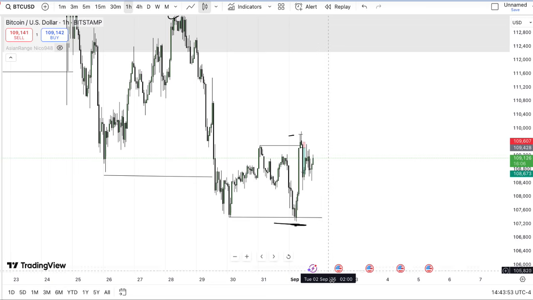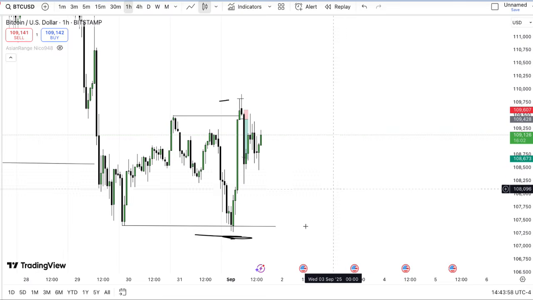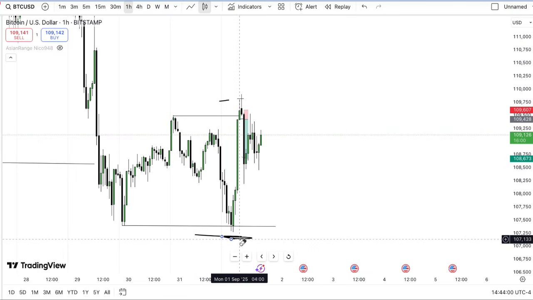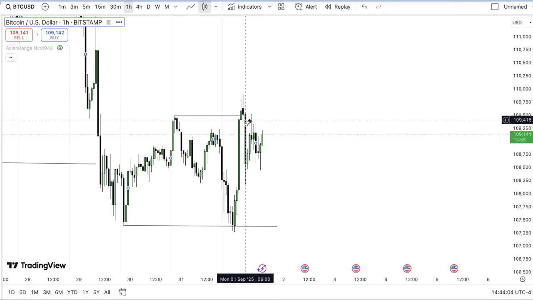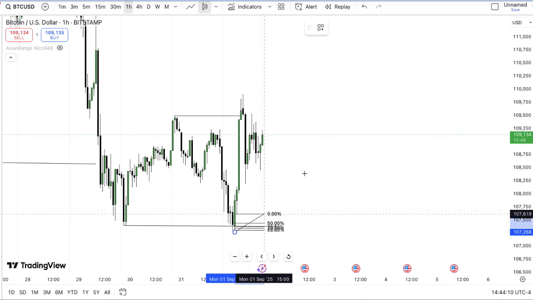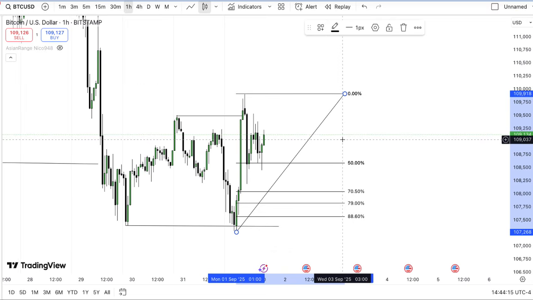And now again, please note this one, it's very important. Whenever you are going against the trend, whenever you are going against the trend, always target 50% of that range for your TP. Is that understood?